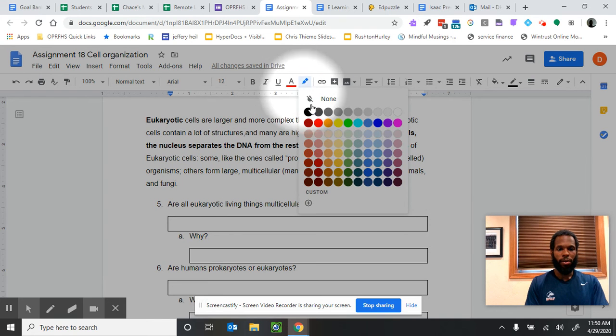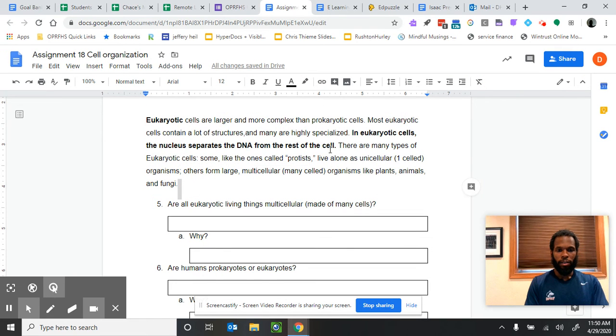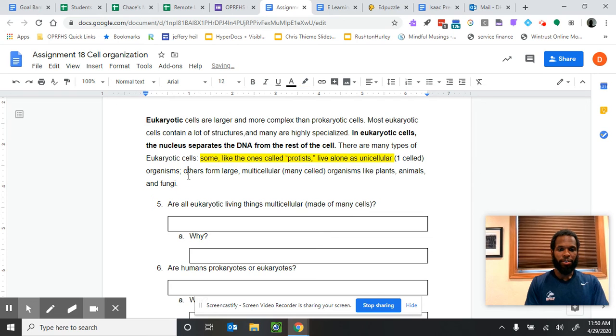Interesting. So we saw that there are many types. Some are one-celled called protists, and others are multicellular, like plants, animals, and fungus.